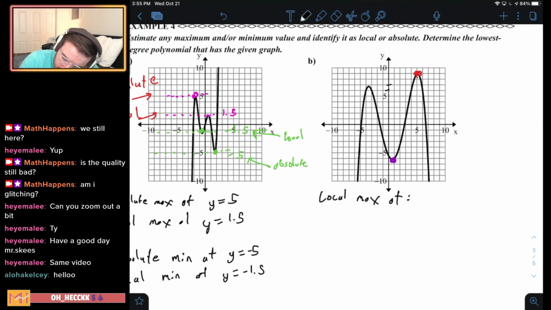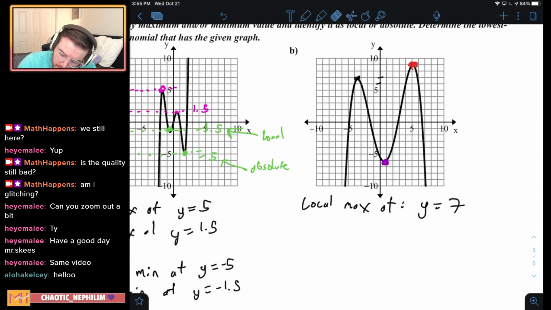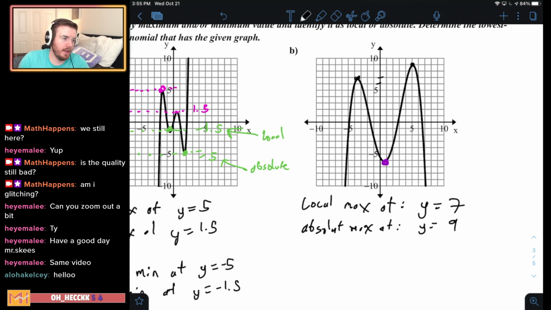Honestly, 6, let's just call that 7. At about 7. And then we have an absolute max at y equals 9, right?